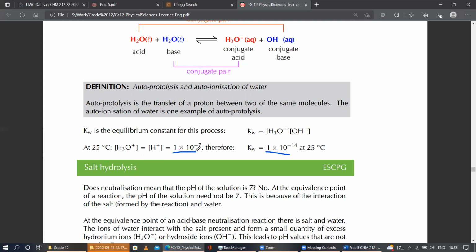If a question says it's at 25 degrees Celsius, which is mostly room temperature, you should know automatically that the concentration of the hydronium ion or the proton is 1 times 10 to the exponent negative 7.